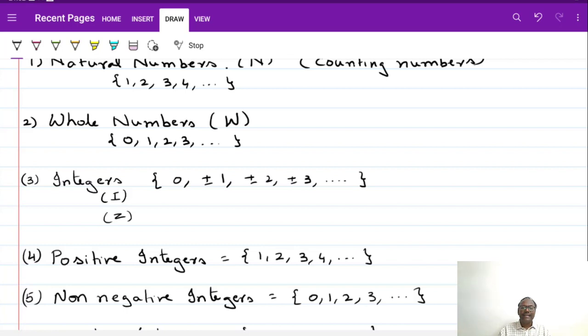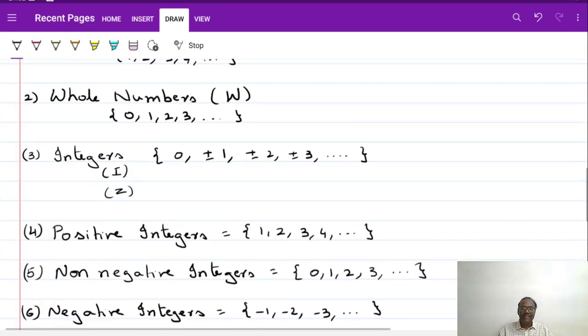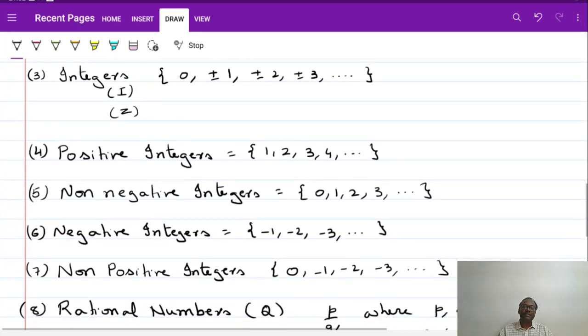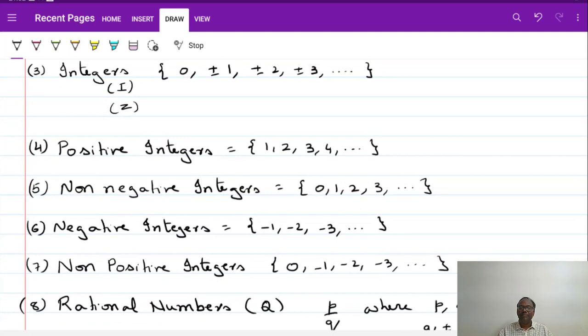Non-negative integers are those numbers which are positive or can be 0: 0, 1, 2, 3, and so on. Then we have seen negative integers, which are those integers less than 0: -1, -2, and so on. Non-positive integers again include 0: 0, -1, -2, -3, and so on.